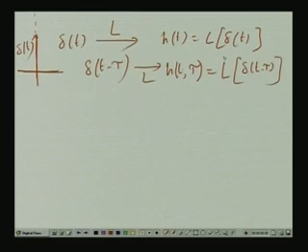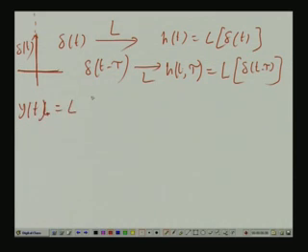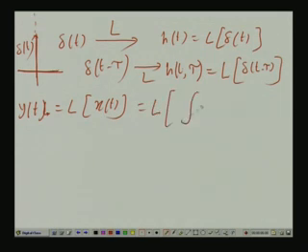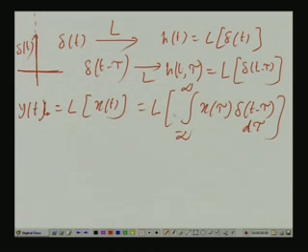So, let us take this case, y(t). We have already expressed x(t) in terms of this in the previous slide, and L now acts on a superposition, because of the integral, and the system is linear.